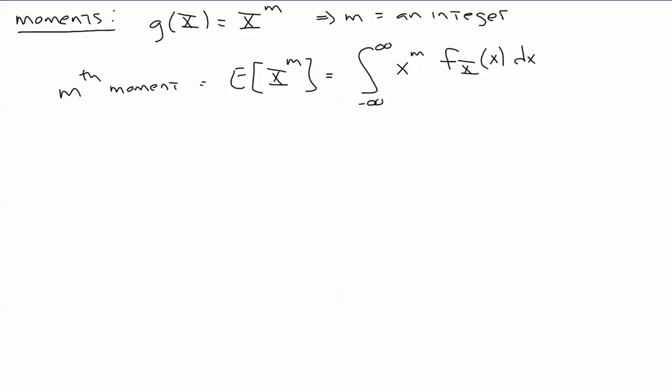We have a couple of special cases. In fact, really the only two that we're going to look at: if m equals 1, we have the mean. The first moment is the mean. If m equals 2, we have what's called the mean squared value.